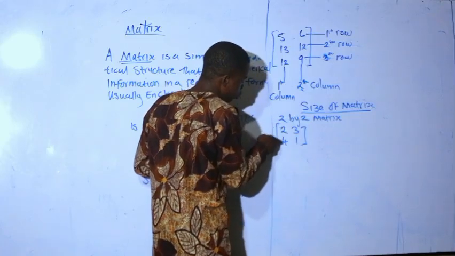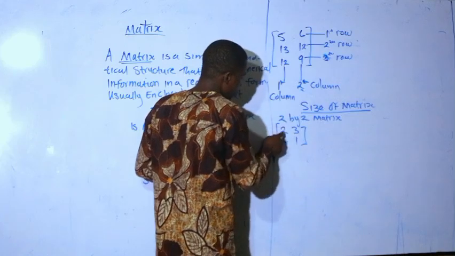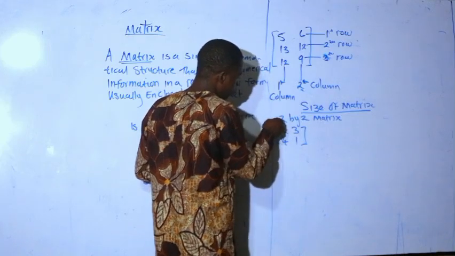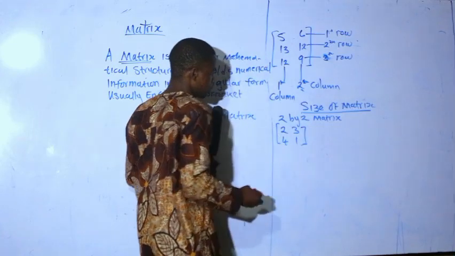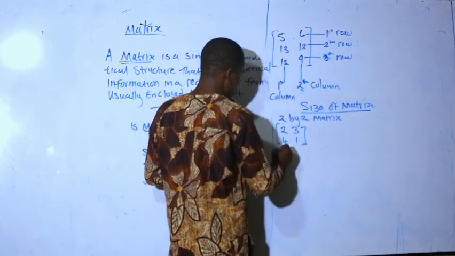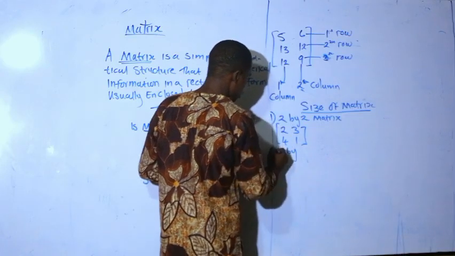This is 2 row and 2 column. Row, 1 2. The column, how many? 1 2. That's it.